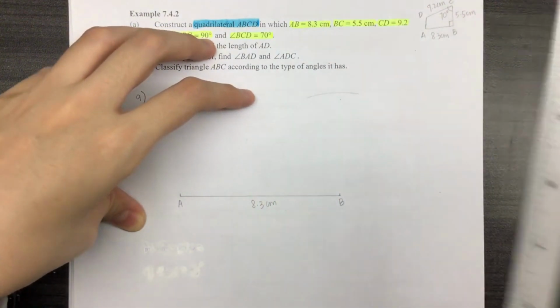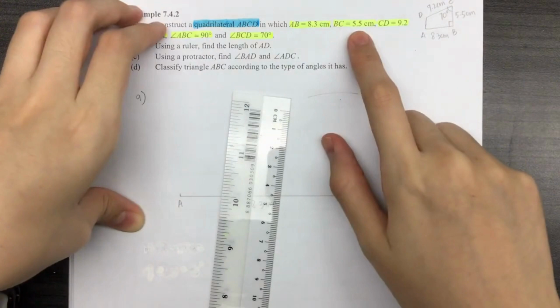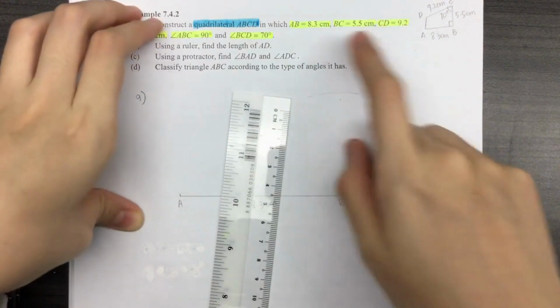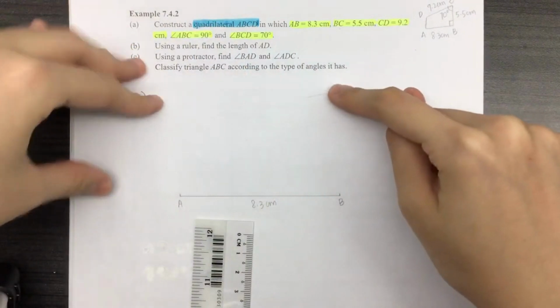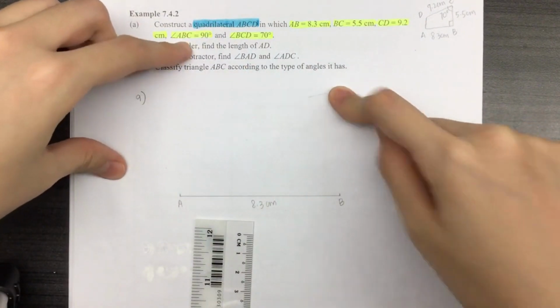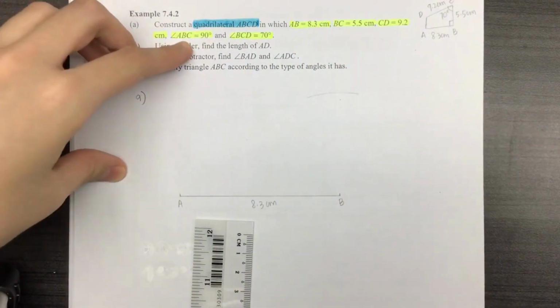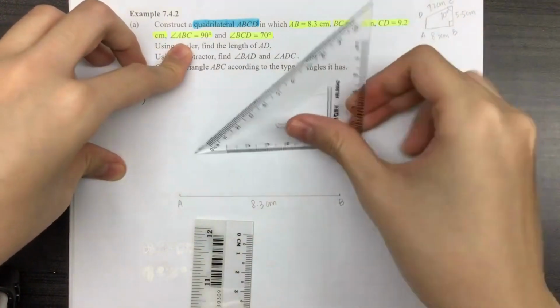The second information that we have is that angle ABC is 90 degrees. So we need to use our set square.